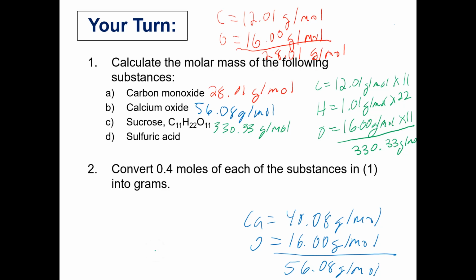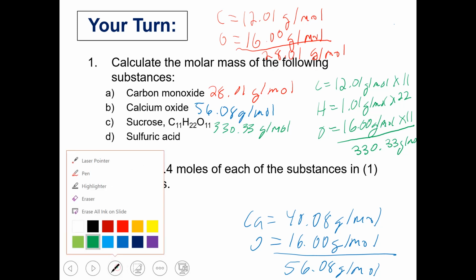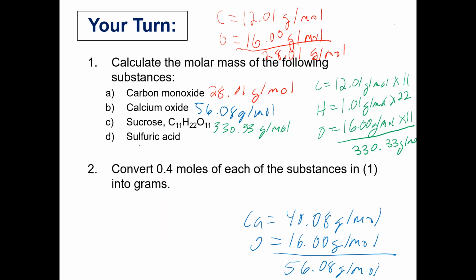And the last one, we have sulfuric acid. So sulfuric acid has the formula H2SO4. So hydrogen has a molar mass of 1.01 grams per mole, and there are 2 of them.